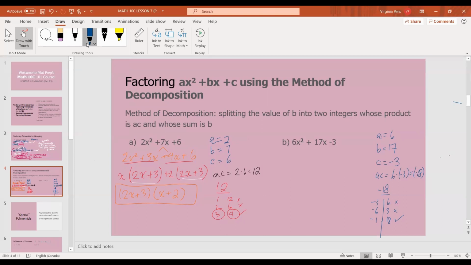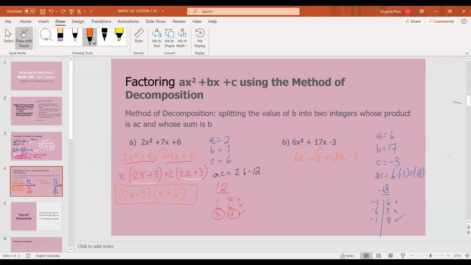So 17x can be broken down into negative 1x, which is the same as negative x, and positive 18x. Then we just bring down the rest of the terms. So 6x squared and negative 3.